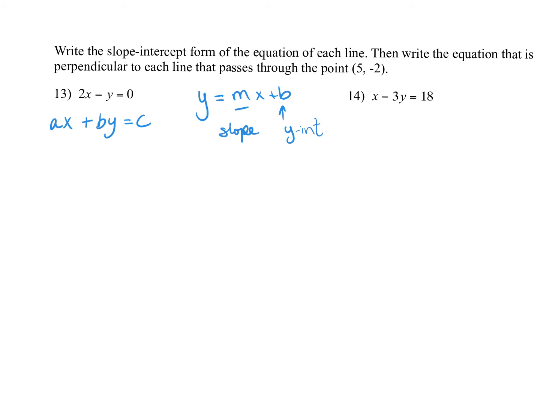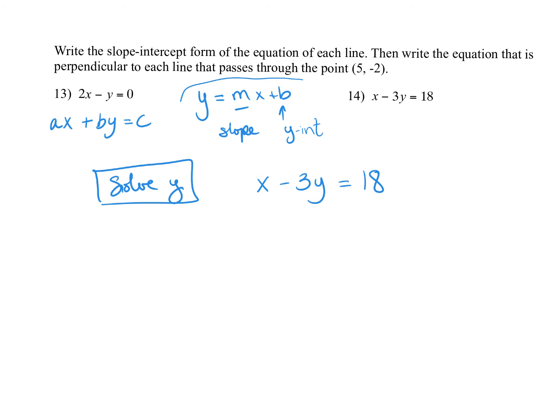Okay, and to do that, we're actually going to solve the equation for y. Here I'll use number 14 as our first example. We have x minus 3y equals 18. If you notice, slope intercept form has y equals.